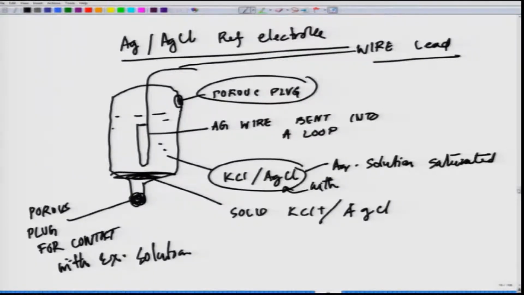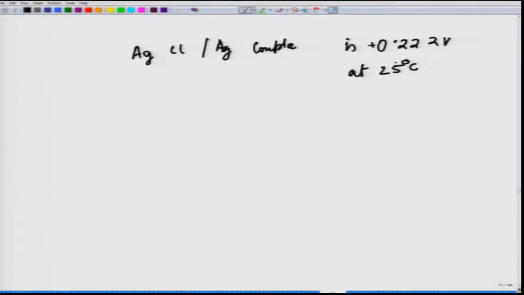So, now after showing you this picture, I wanted to go to the standard reduction potential of the AgCl/Ag couple. If you look at it, it is around plus 0.222 volt at 25 degrees centigrade. Okay. This would be the potential of the silver chloride electrode provided the activity of chloride is unity.